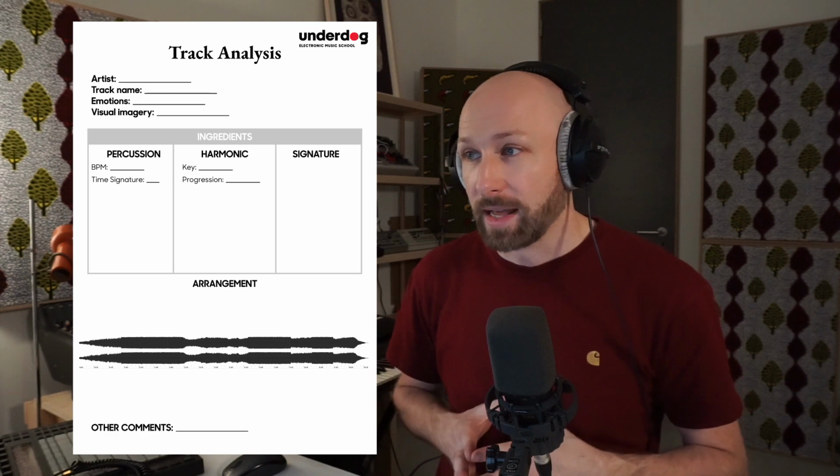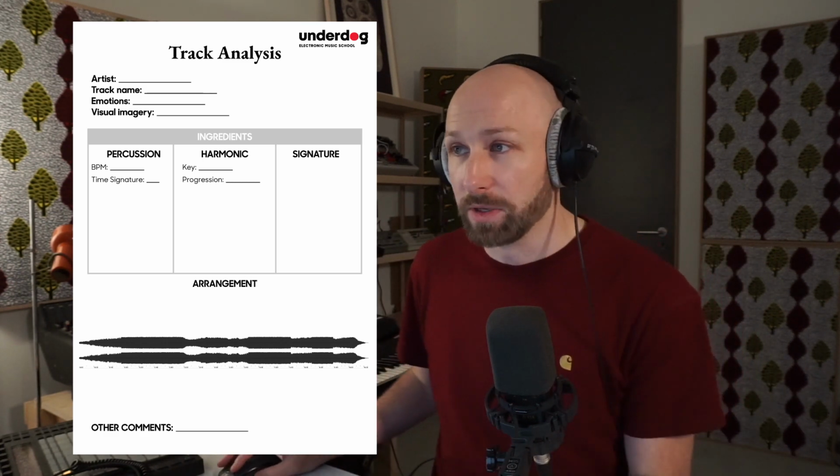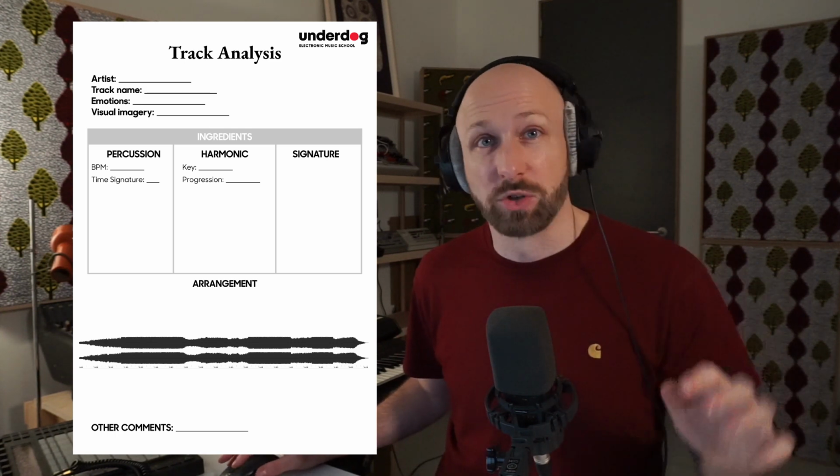So here we see the track analysis grid. We're going to be filling this in by listening to the track and naming a number of elements on it. The idea is not to be exhaustive, but still to get as far as we can in a short amount of time.